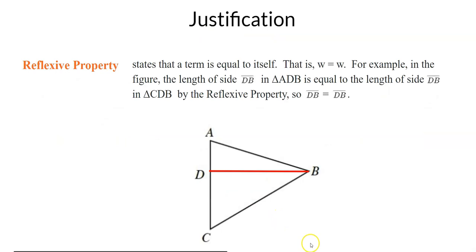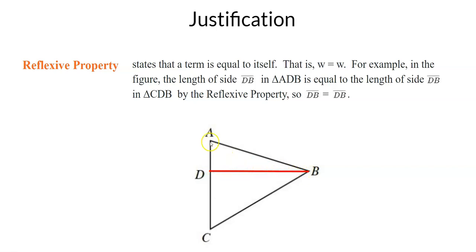The definition that we want to add to today's lesson is the reflexive property, which states that a term is equal to itself, that is, W is equal to W. For example, in the figure, the length of DB in triangle ADB is equal to the length of the side DB in triangle CDB by the reflexive property, so DB is equal to DB.